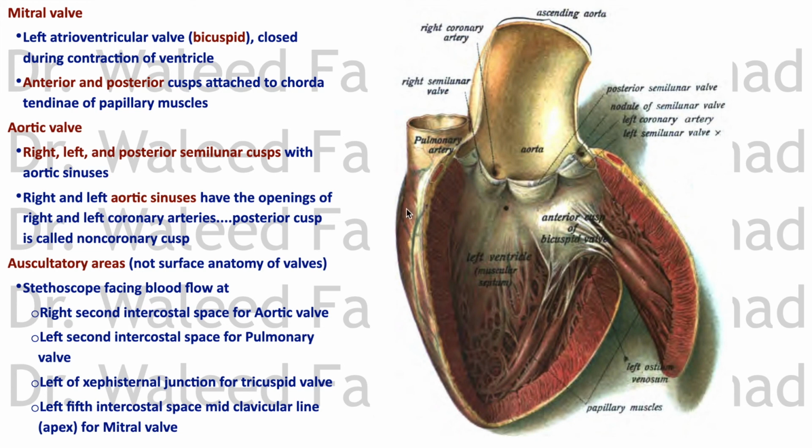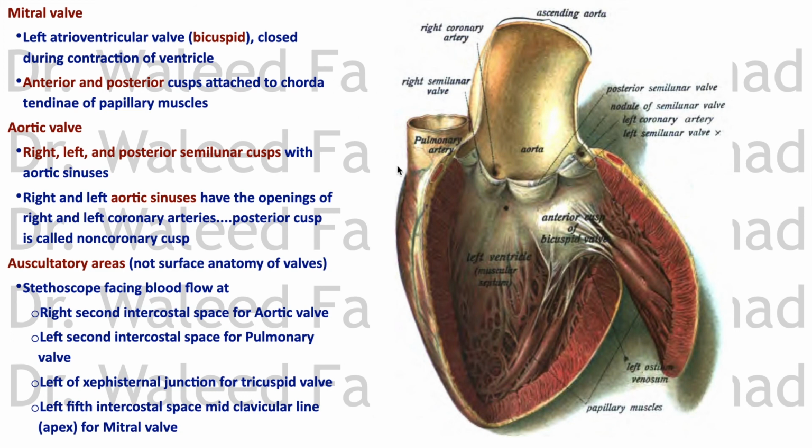So to listen to the aortic valve, see, the aorta goes this way and then the arch. So you put the stethoscope high up here on the right, in the right second intercostal space, to listen to blood hitting your stethoscope.